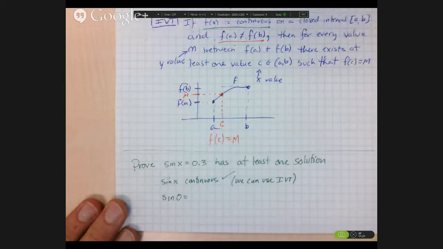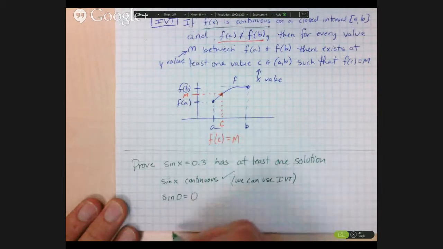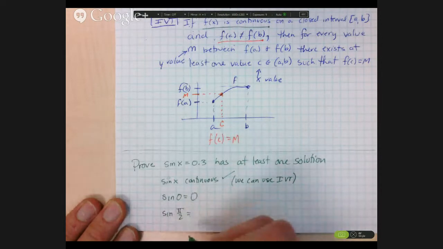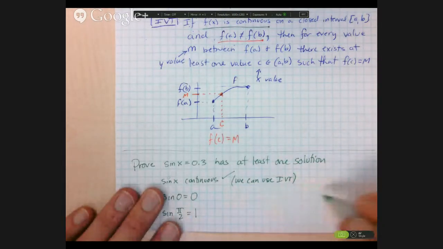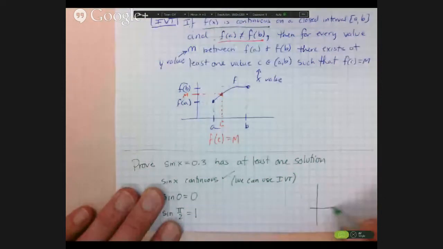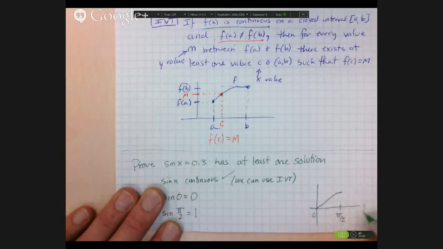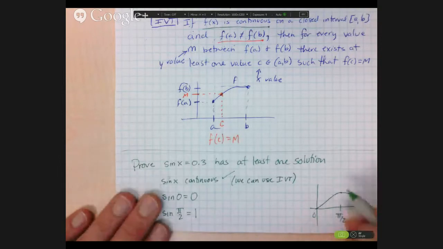What about sine at pi over 2? 1. Okay, the graph looks like that, and then it would come back down to 0 at pi, right? That's sine.